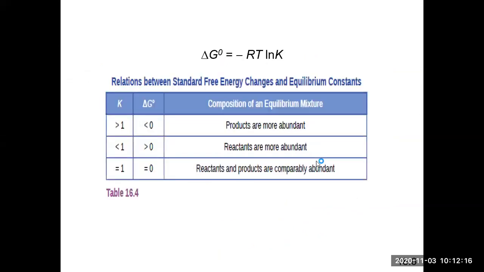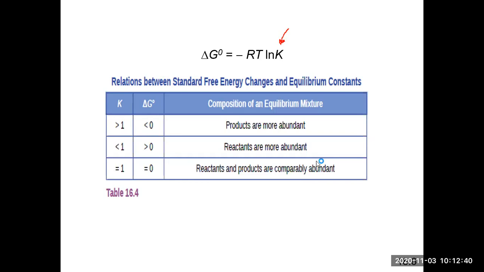Okay. So if we look at this equation, just like the other ones, we can focus in and make some predictions as to what we would expect to happen here. Because this one involves K, the equilibrium constant, from our knowledge of K we can make a pretty good prediction.